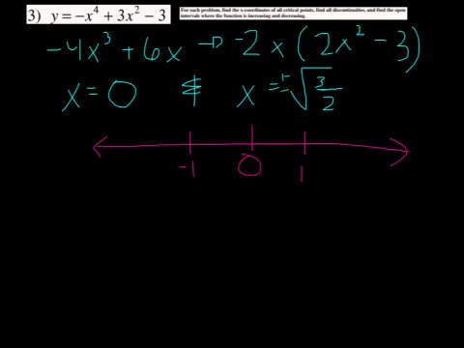Okay, so it would be 1.2, which would be right around here. So this would be positive square root of 3/2, and this would be right here, the negative square root of 3/2. So to choose the numbers, I would choose -2, -1, 1, and 2.